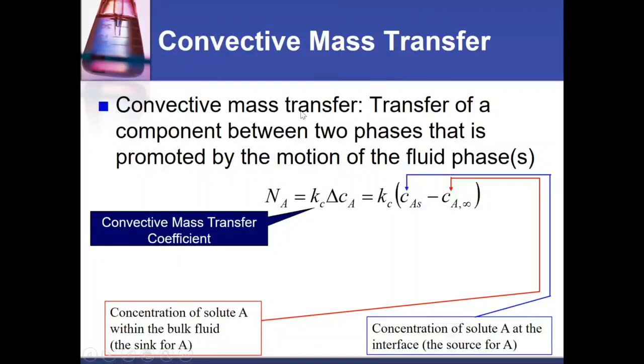Before that, let's define convective mass transfer. What is it? It is a transfer of a component between two phases, which is what we discussed in chapter 22 up to chapter 25.